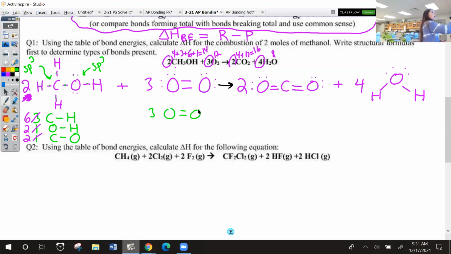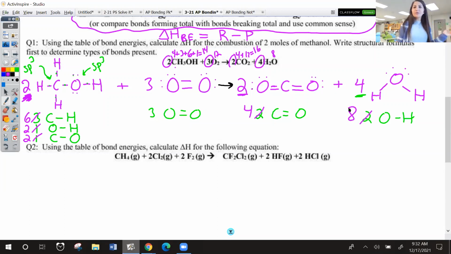Then over here for the carbons, I have 2 of the C double bond O's, but remember, I need to change that because it's 2 times that, so it's actually 4 of those. And then the last one, I have 2 of the OH bonds, but because I have 4 of them, that's 4 times 2, which is a total of 8 of them.